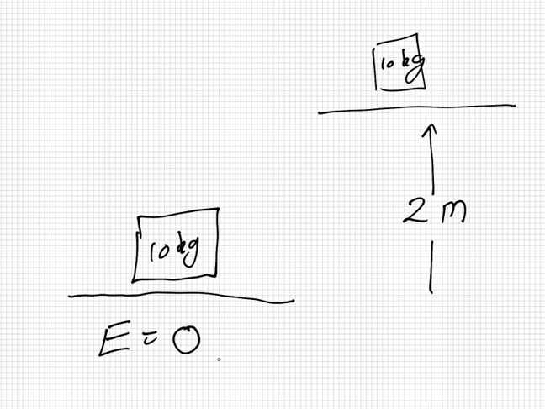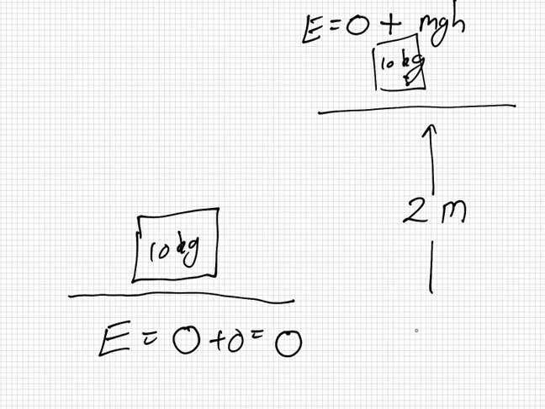No. So how much energy does it have? 0. It's at rest on the ground. No energy. Is this moving? No. So does it have kinetic energy? No. Does it have potential energy? Yes. mgh. So the m is 10, the h is 2, and the g is 9.81.